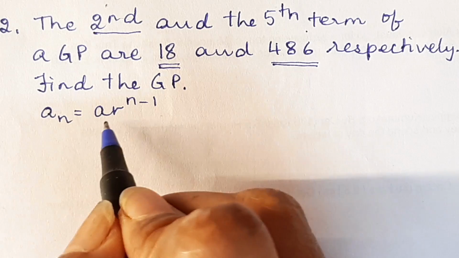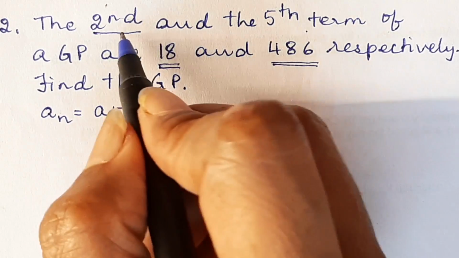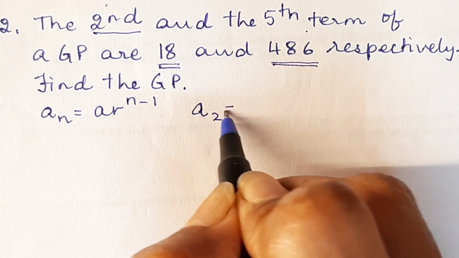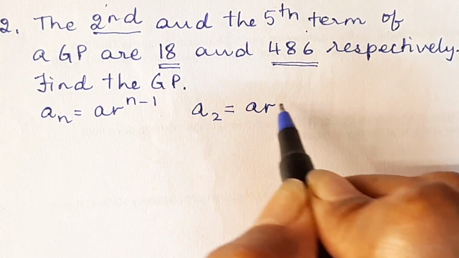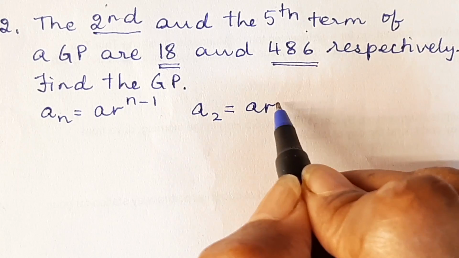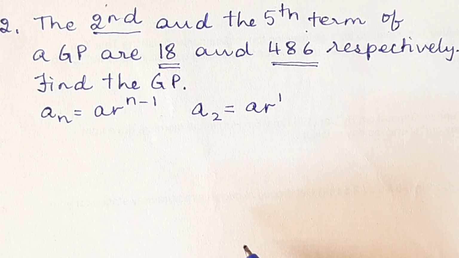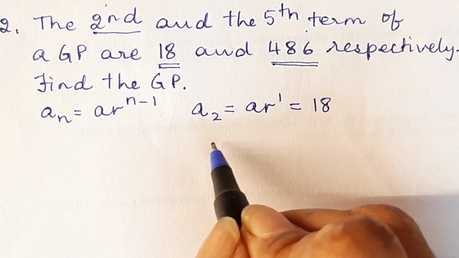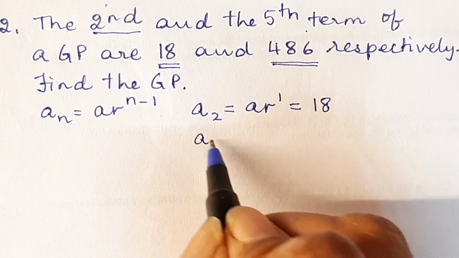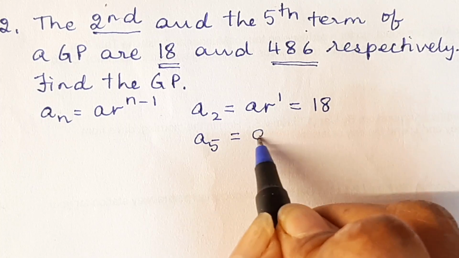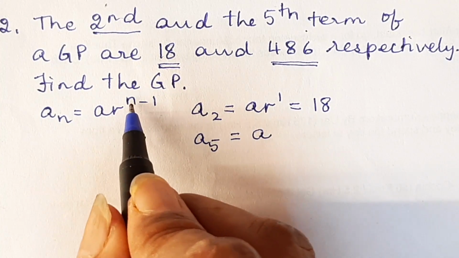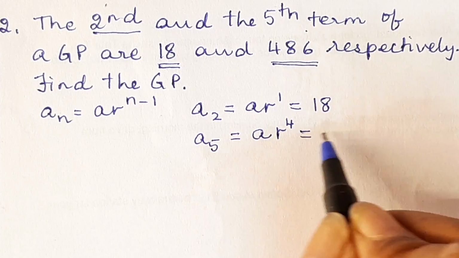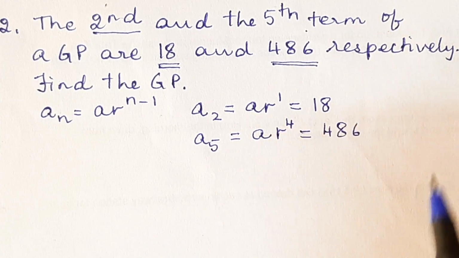Now, a2, the second term, will be equal to ar to the power 2 minus 1, so that will be ar to the power 1. And this is going to be 18. We have the fifth term, which is a5, will be ar to the power 5 minus 1, so that is ar to the power 4, and that is 486.